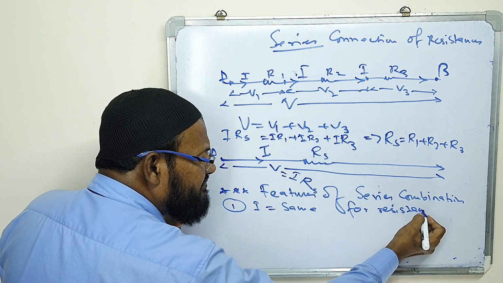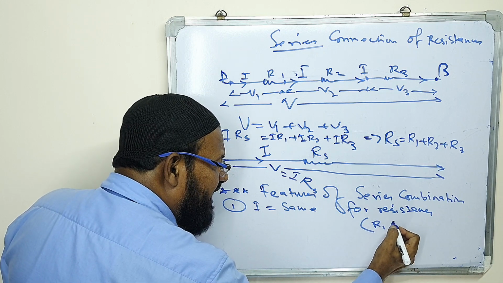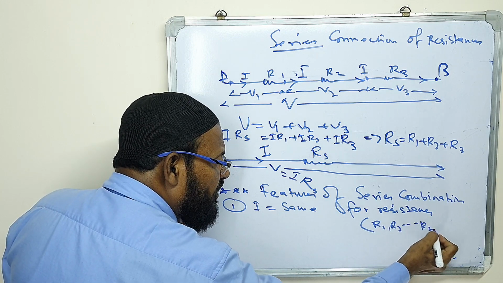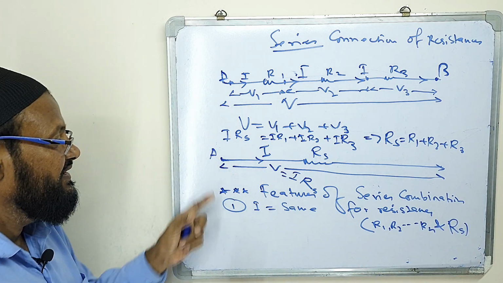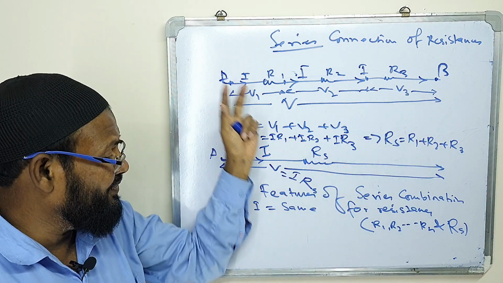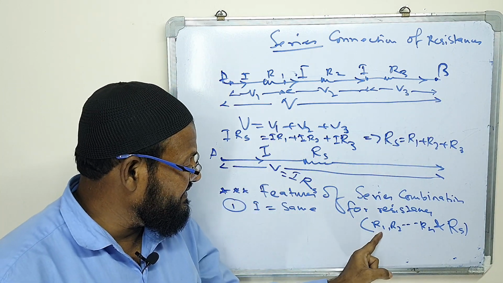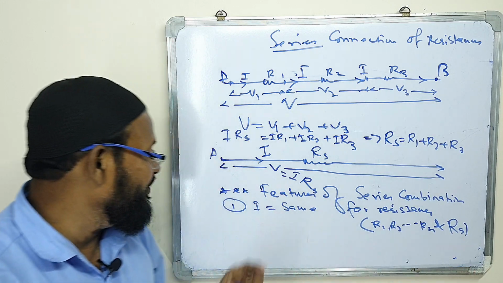What is the meaning? All resistances mean R1, R2, Rn and Rs. This is important. Suppose there are not only 3 resistances, but n number of resistances. For each resistance, R1, R2, Rn and Rs, I will be the same.